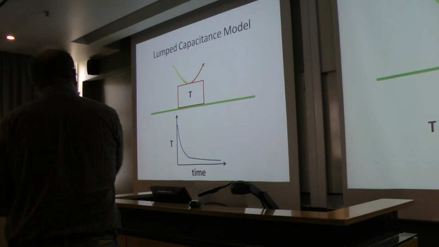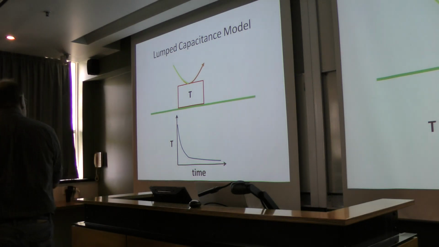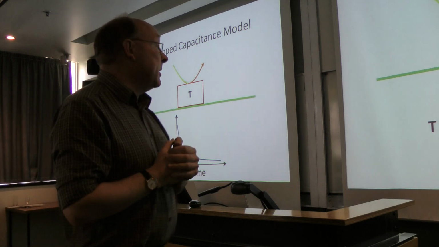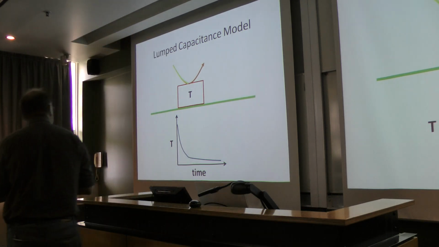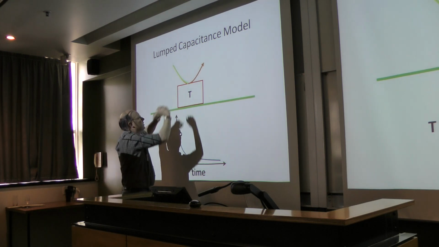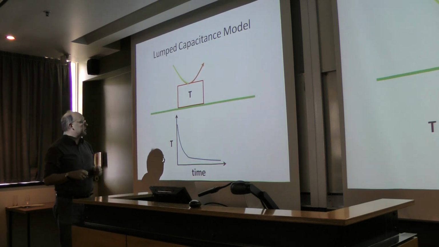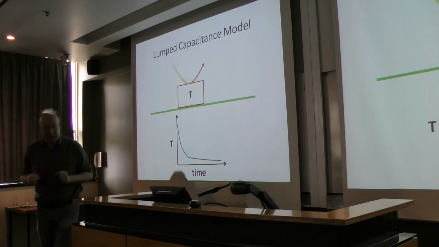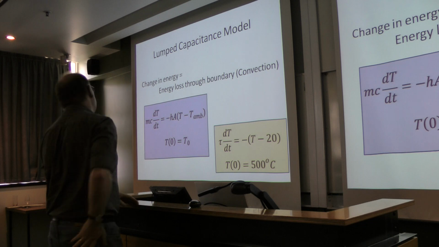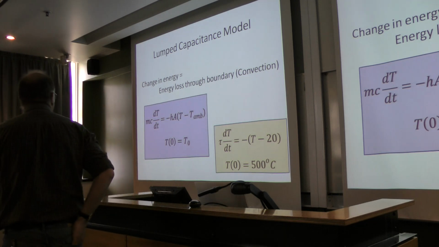Okay. Lump capacitance model, just in case you've never come across that before. I always show this slide to my first year, and they like this slide. Imagine you've got a lump of steel come out of a furnace, dump it on the ground, and it's going to lose heat by convection to the surroundings. Temperature is going to drop in that sort of way. What they don't like, my students, is that equation, which is the lump capacitance model.